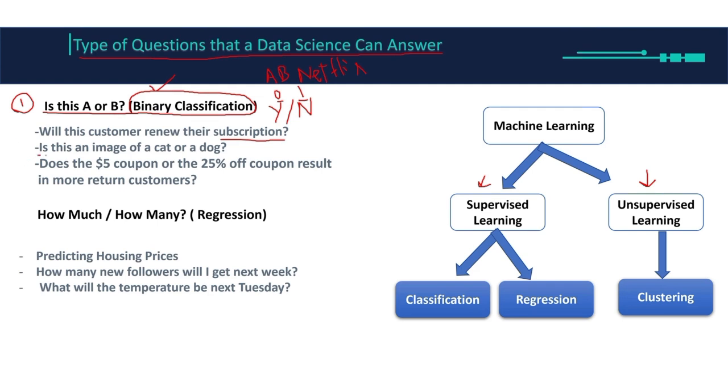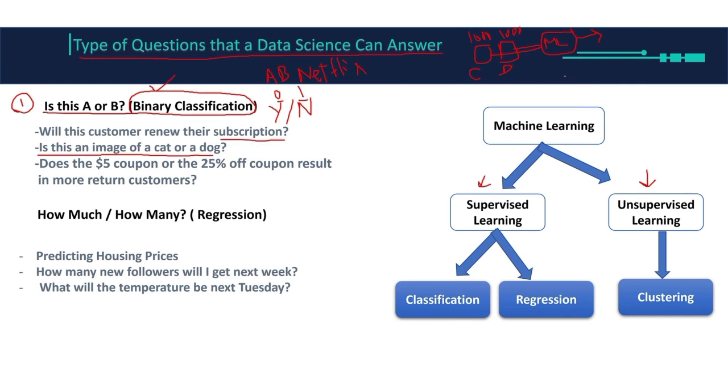Another example: is this an image of a cat or a dog? Let's say I have two folders here, one for cats and one for dogs, and I have, let's say, 1000 images of each. I'm going to throw both of them into the machine learning algorithm, and it's going to take these images and learn from them.